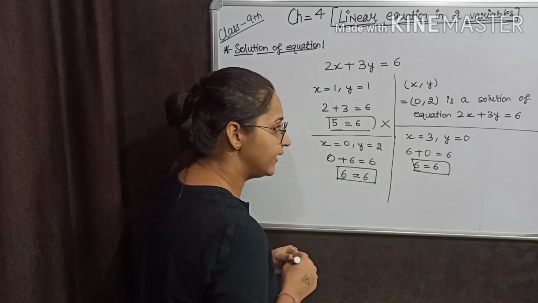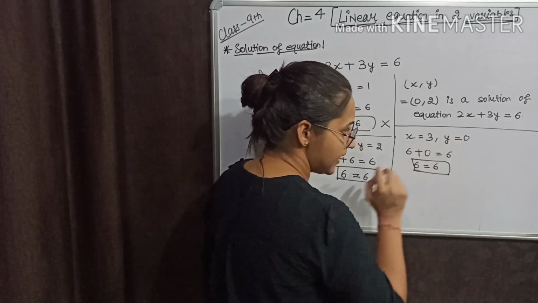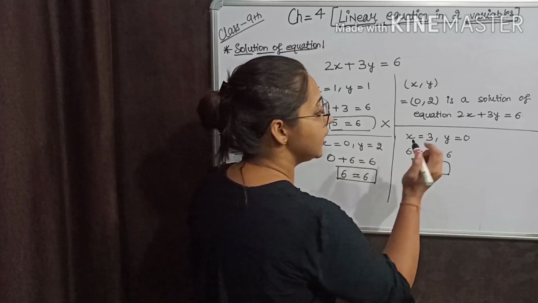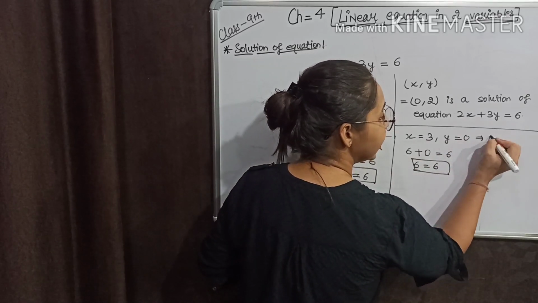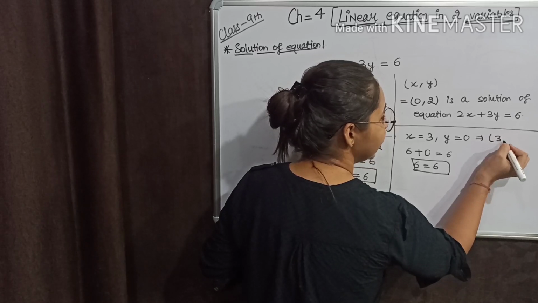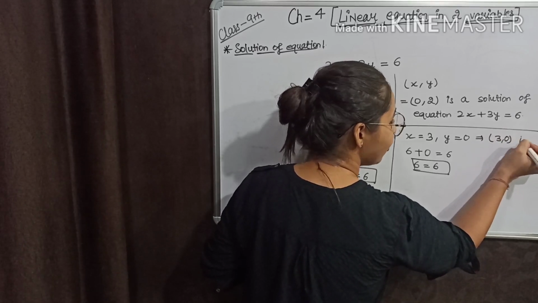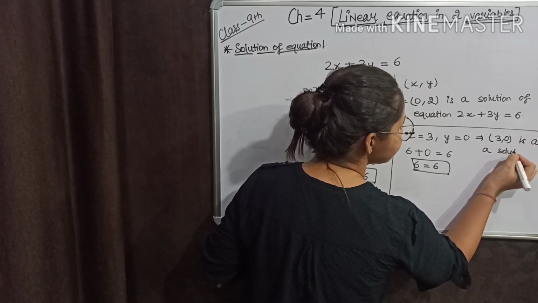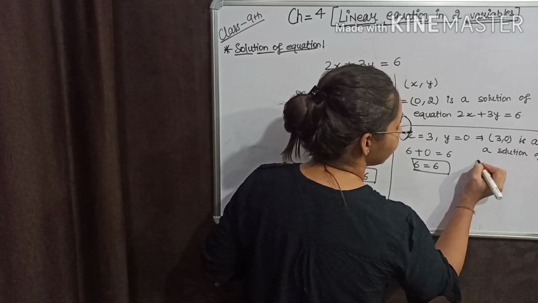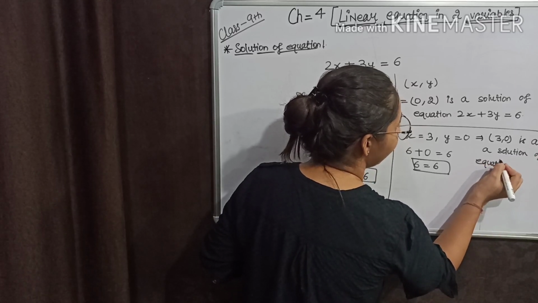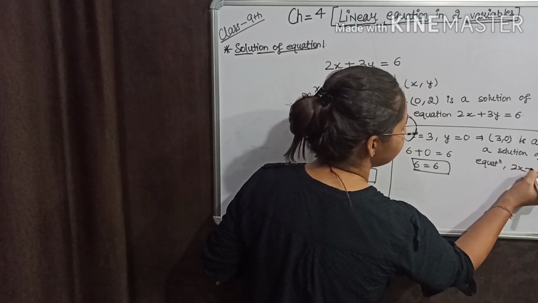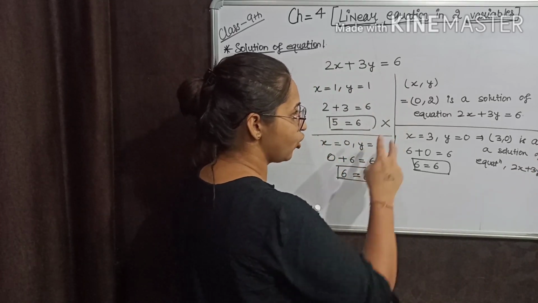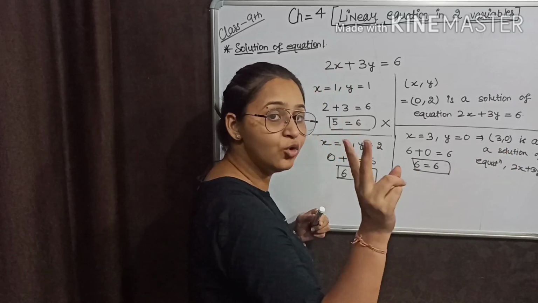So you find that x is equal to 3 and y is equal to 0 is also satisfying our equation. It means 3 comma 0 is also a solution of the equation 2x plus 3y is equal to 6. So we find that 0 comma 2 and 3 comma 0 are two solutions.